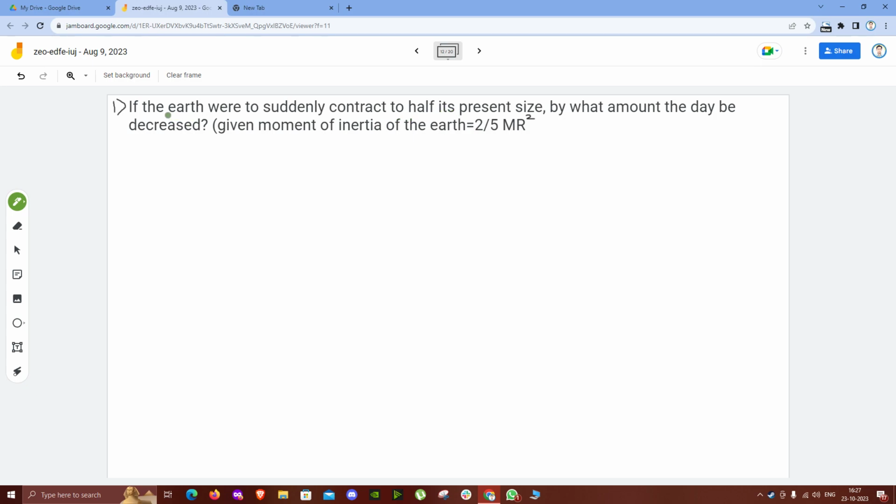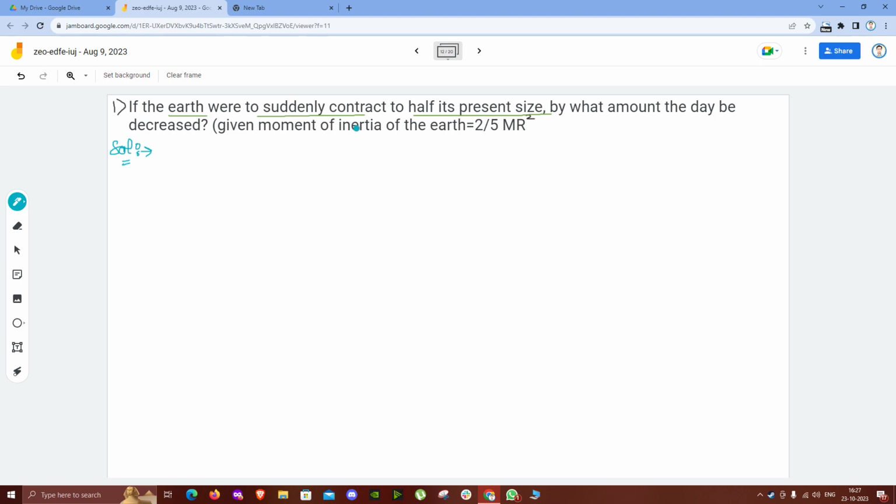So what happens if the Earth were to suddenly contract to half of its present size? If its radius is r, the new radius of the Earth will become r by 2. They're asking, how much will it change the timing of the day? What will be the duration of the day in that case, where the Earth is half the size? Remember, the mass is the same.